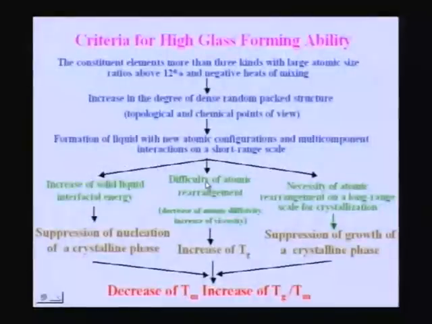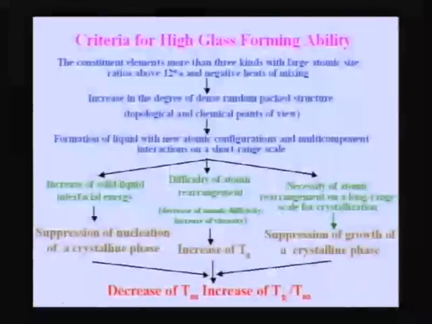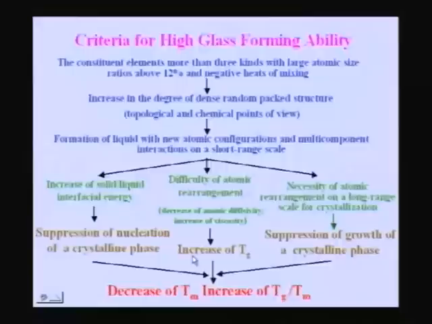Second, similarly, the difficulty of atomic arrangement. When you have a large number of atoms, all these atoms have to come together to form a unit cell, which is much more difficult. Again, you are making it difficult for the atoms to diffuse. Diffusivity gets restricted, and the viscosity increases when you put in a large number of atoms, because of which there is an increase in the Tg.